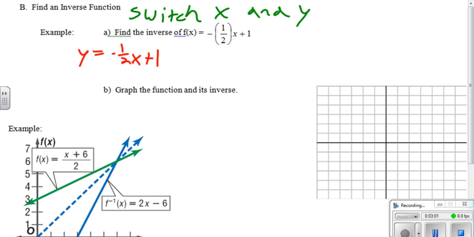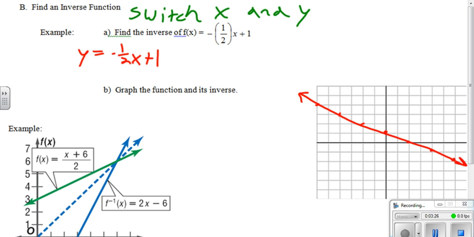So we just called f of x y. How would this look? Well, it's a linear graph. Our y-intercept is at 1, and it goes down 1 over 2, all the way throughout. So this is going to be our original graph. It's going to look something like this.